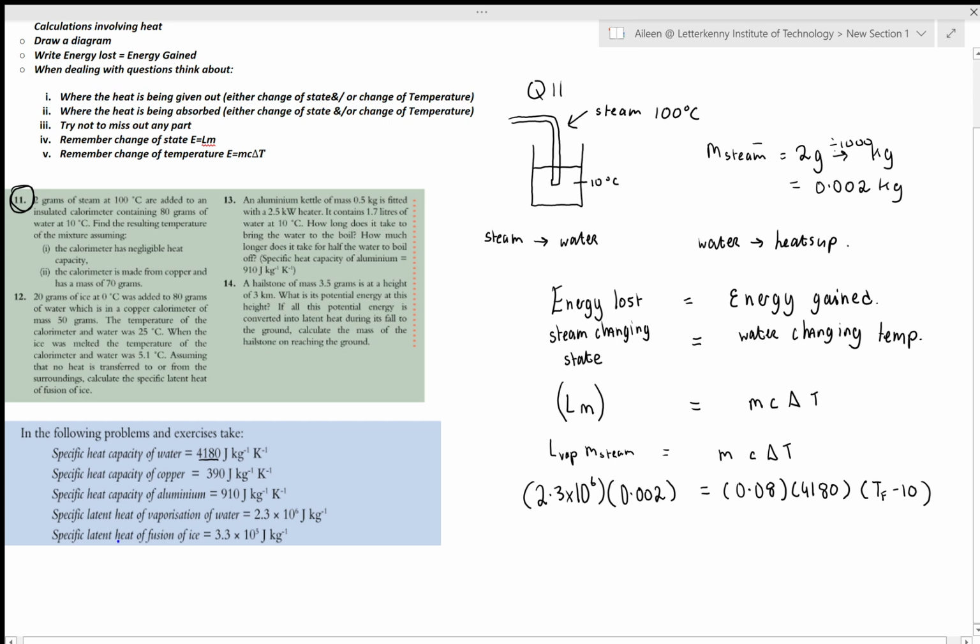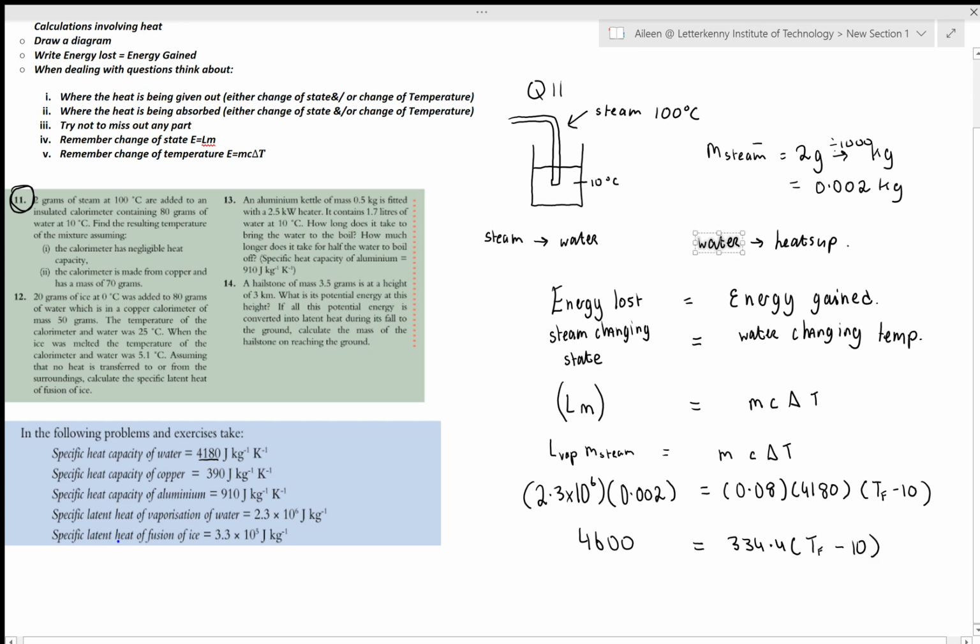From here, we solve for our unknown. So multiplying out our values, 2.3 by 10 to the power of 6 times 0.002 gives us 4,600. This is equal to 0.08 times 4180, which gives us 334.4 times our final temperature, which we want, minus 10.